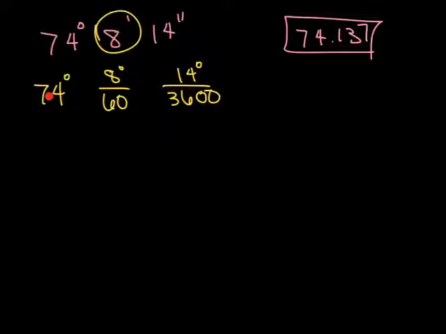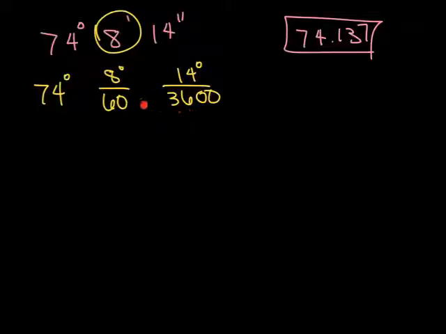So for 74 degrees, we're changing 8 minutes to 8 over 60. This will always be whatever the minutes are over 60, and this will always be whatever the seconds are over 3600. Always, always, always. So now we can add these together.